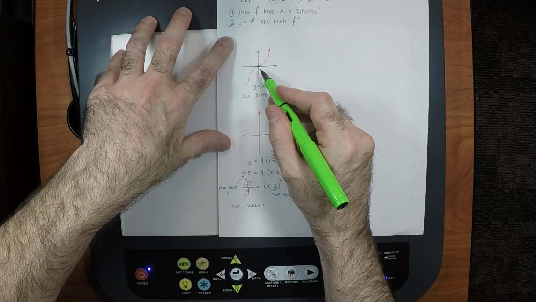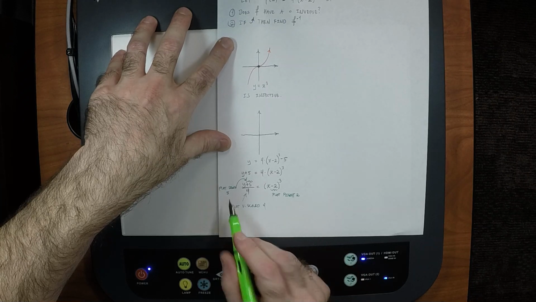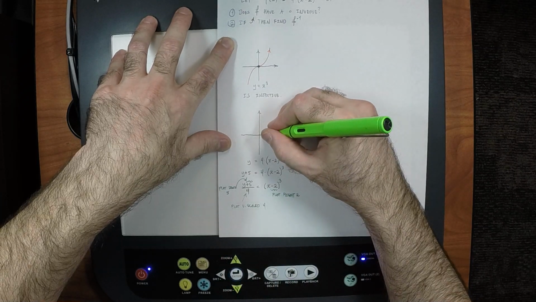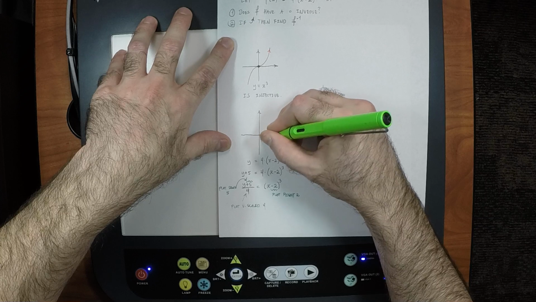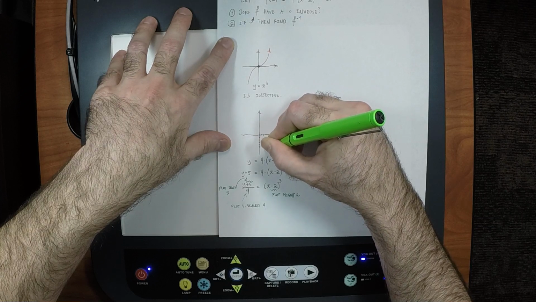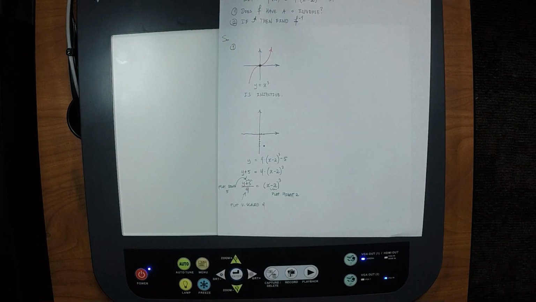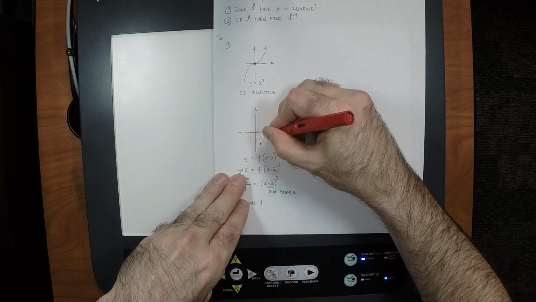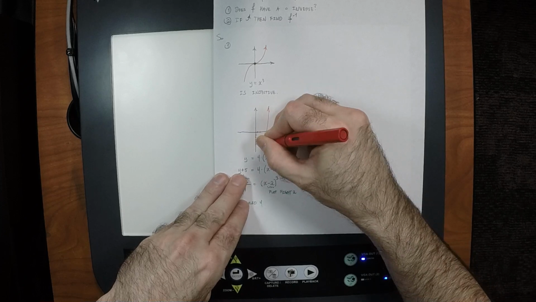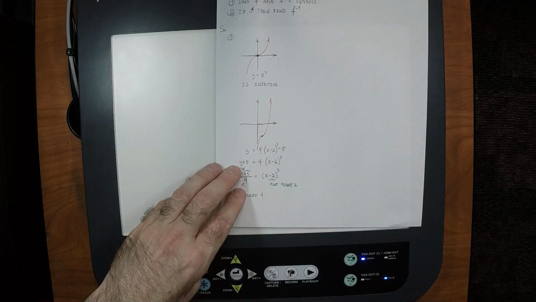This point right here that's at the origin is going to move right 2, down 5. So right 2, that could be like 1, 2 there, and then down 5, 1, 2, 3, 4, 5. So it's going to be about right there. And then it's going to be vertically scaled by 4, which is to say it's just going to be stretched out. The plot's going to be really tallish, like this. So it's going to go up super fast and down really fast, something like that.